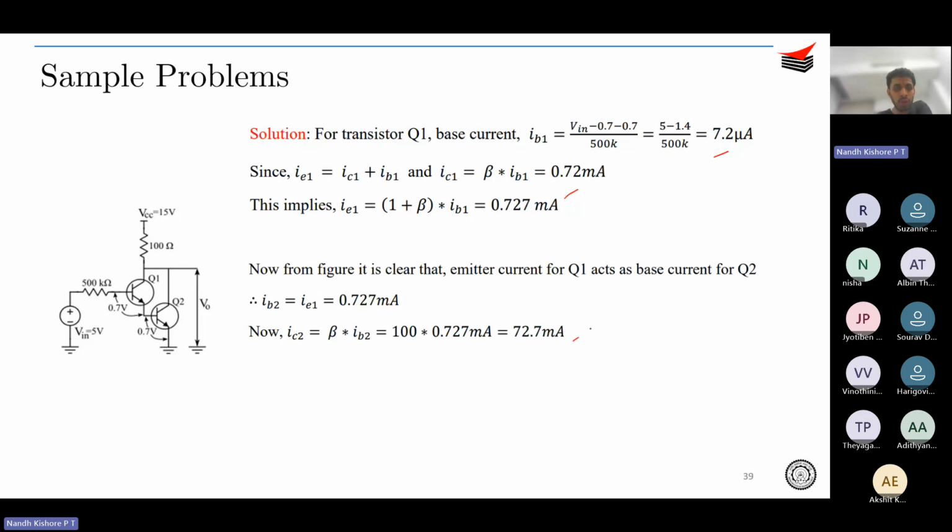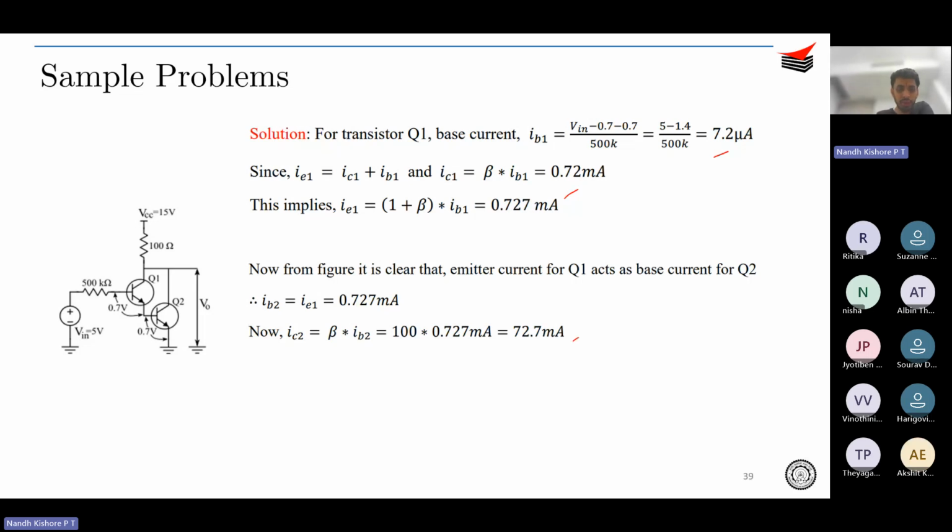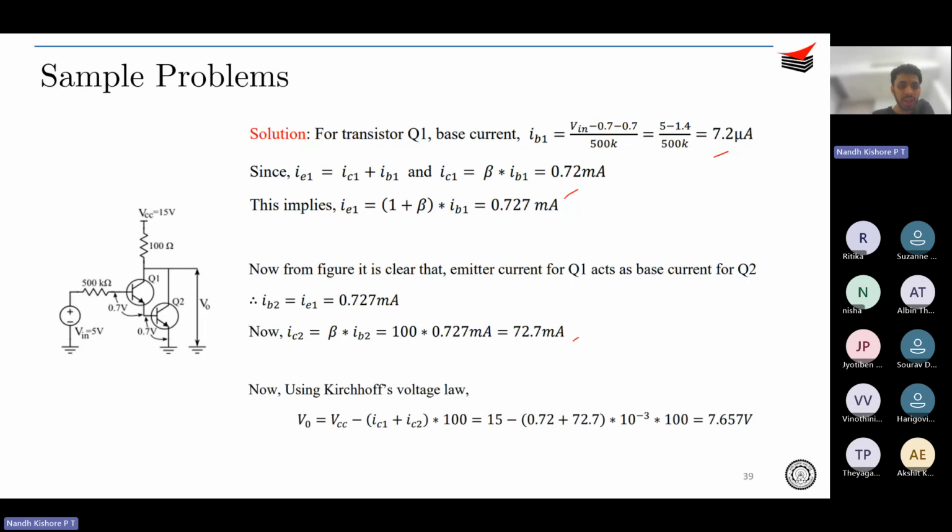We found out what is IC2. Once we find IC2, we can find out V naught. That is VCC minus whatever is the current flowing through the 100 ohm resistor. It is the summation of the collector currents of Q1 and Q2. That is why V naught is VCC minus of IC1 plus IC2 into 100.